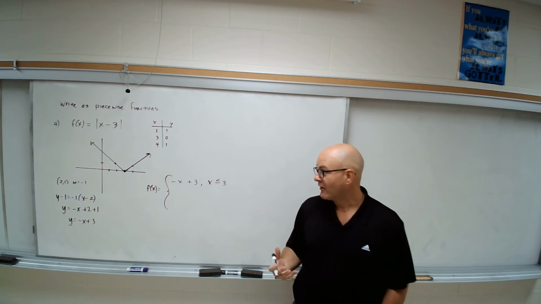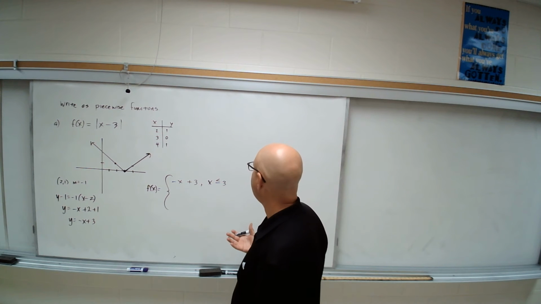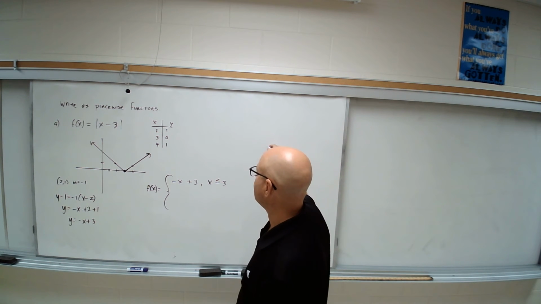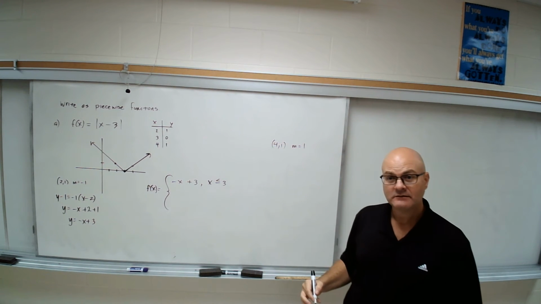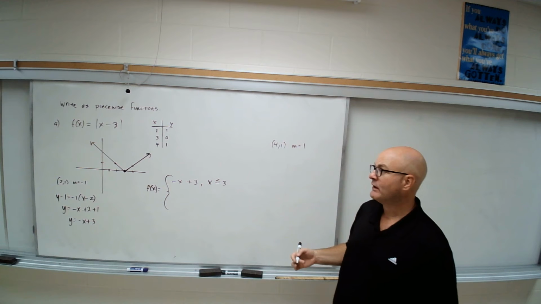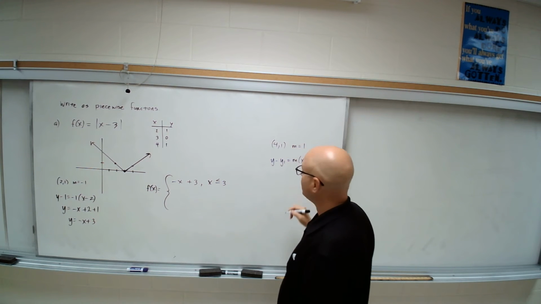So there's that part. Now the other part, if you want to look at that, we have, let's see, the point I see on there is 4, 1, and the slope is 1. Right, so again, the point-slope form of a line, y minus y1 equals m times x minus x1.